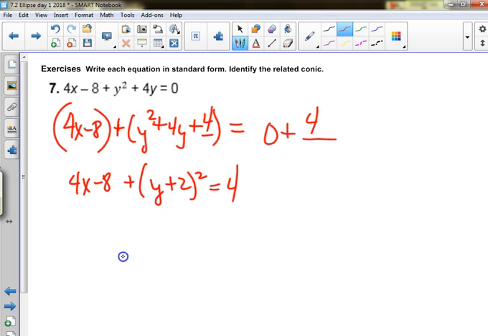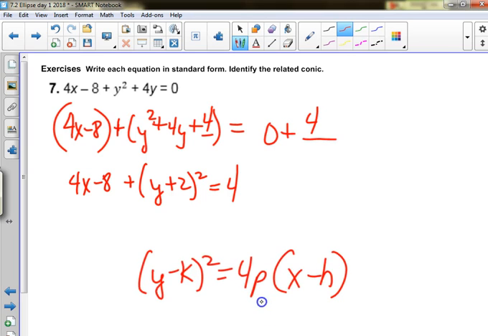Yep, we can add the 8 to the other side, and we've got to move the 4x over there, right? Because the form we're looking for, guys, is y minus k quantity squared equals 4p times x minus h, right? Okay, so if I subtract a 4x and add an 8 over here, what will I have? y plus 2 squared equals negative 4x plus 12.